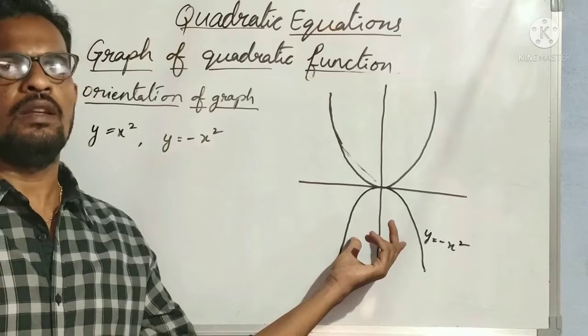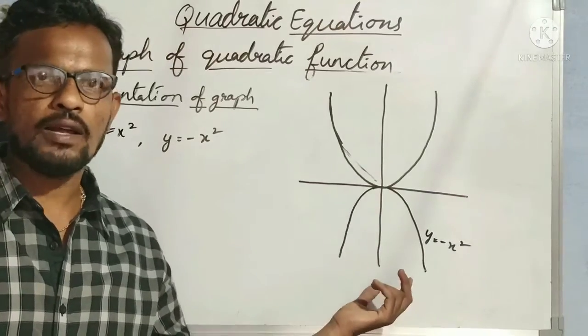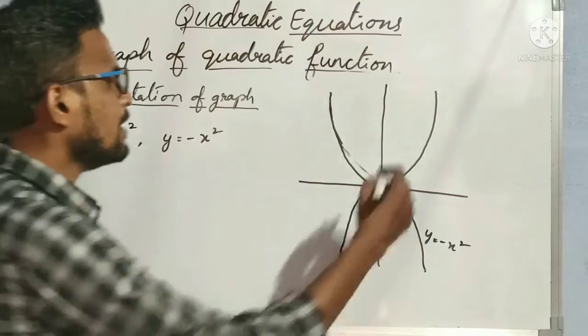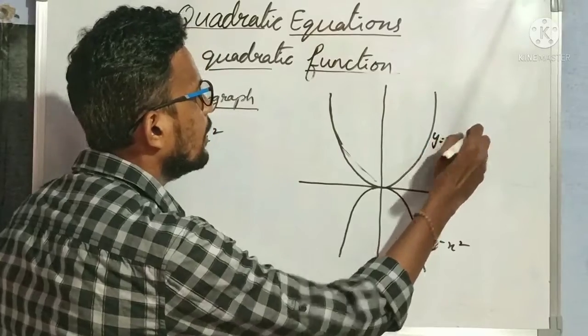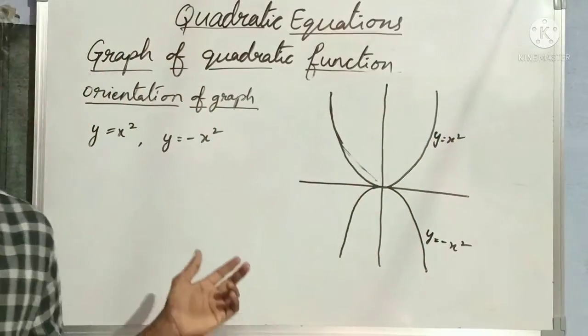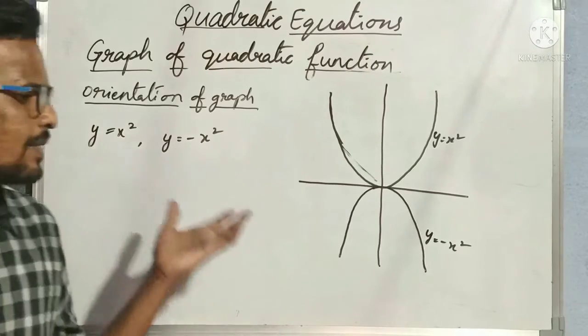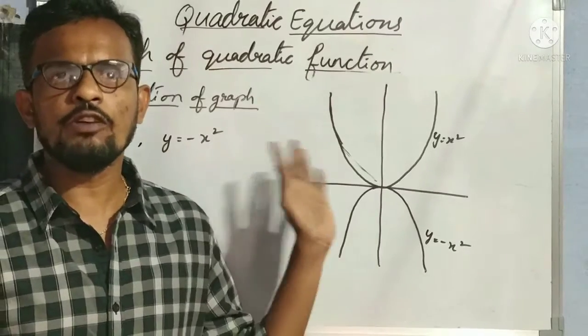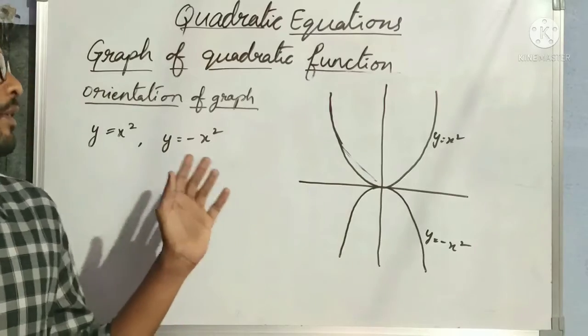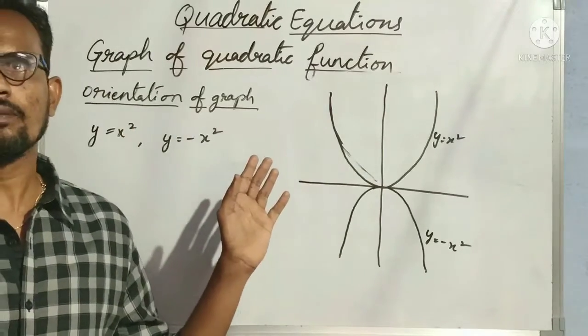Understood? I mean a downwards parabola. But when y is equal to x square, my graph is an upward parabola. Understood? So these are the basic things which we need to follow when we are studying our graphs.